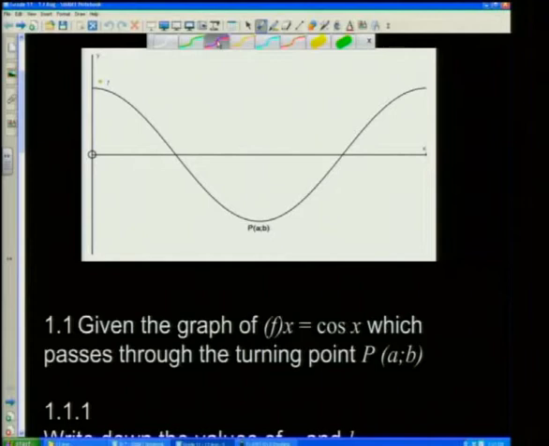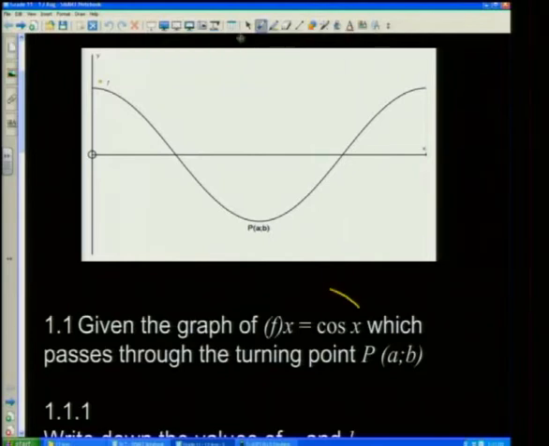Right, we're told that given on the picture above is the graph of f of x, and it's equal to cos x, and it passes through the turning point P, which has got coordinates a, b. So if we look carefully at this graph, it's been given a label. We've been told that it's the graph of f of x equals cos x.